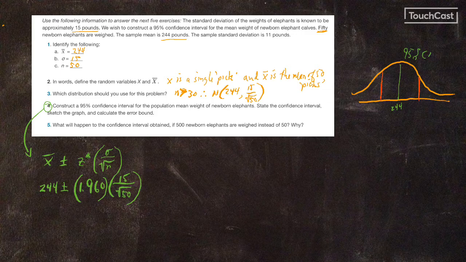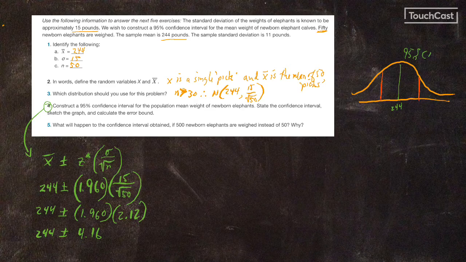So we'll say 2.12. So this is going to be plus or minus 1.960 times 2.12. If I multiply that, I get roughly 4.16. So plus or minus 4.16, roughly. I rounded; it actually goes out several decimal places.